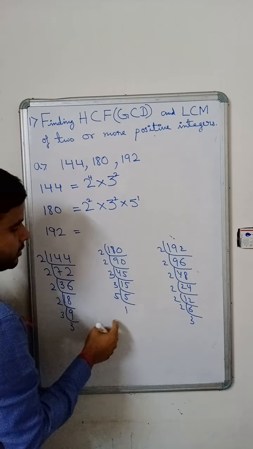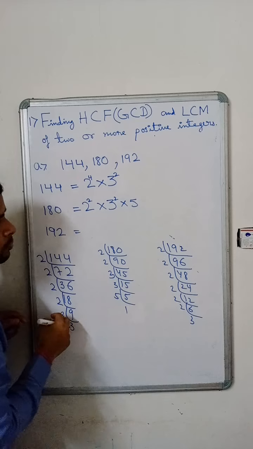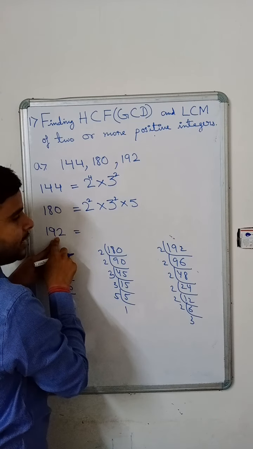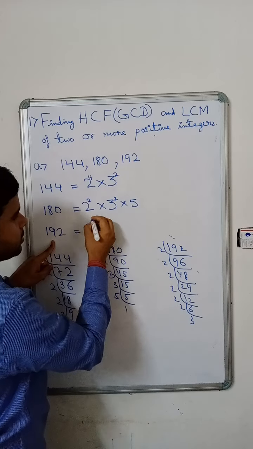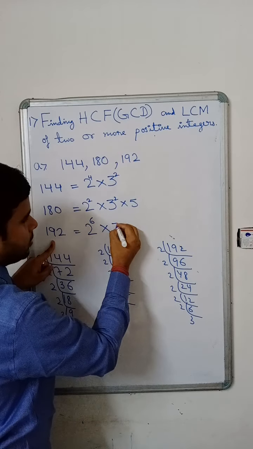If you don't write 5^1, it is still assumed to be 5^1 only. 192 can be written as 2^6 into 3.